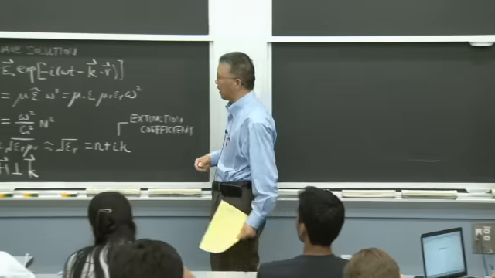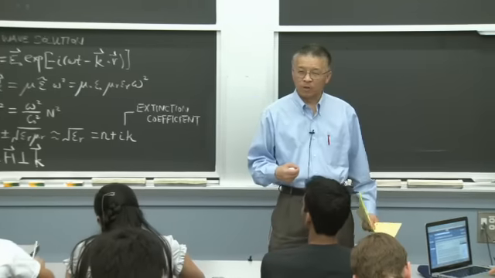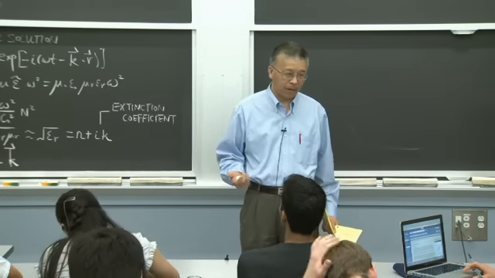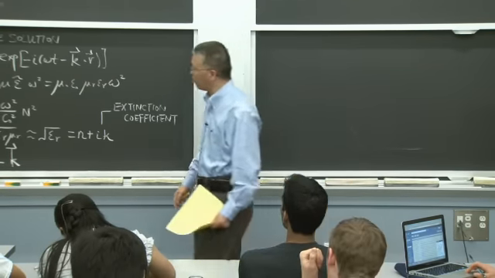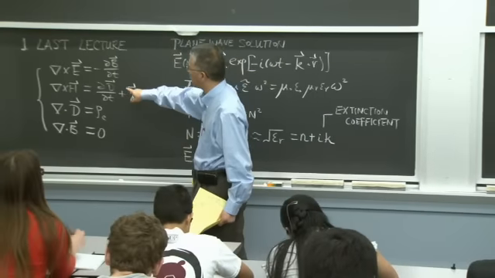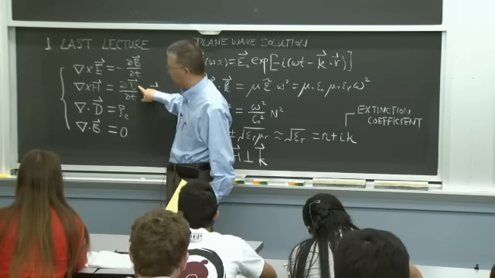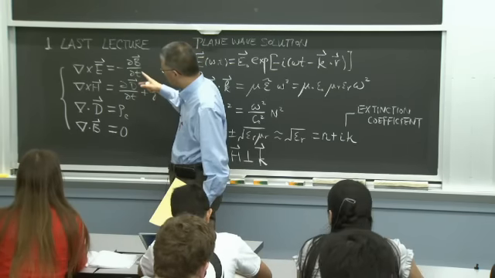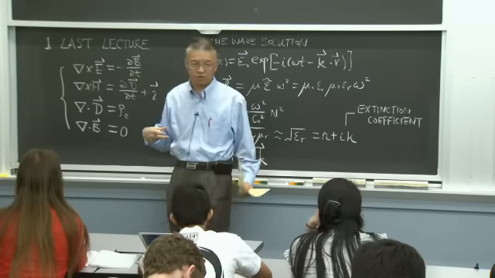One comment that I forgot to make is that this is actually called the macroscopic Maxwell equations, and you can write the atomic Maxwell equations that do not involve the displacement, because displacement, recall, is the polarization due to external field plus external field together, right?